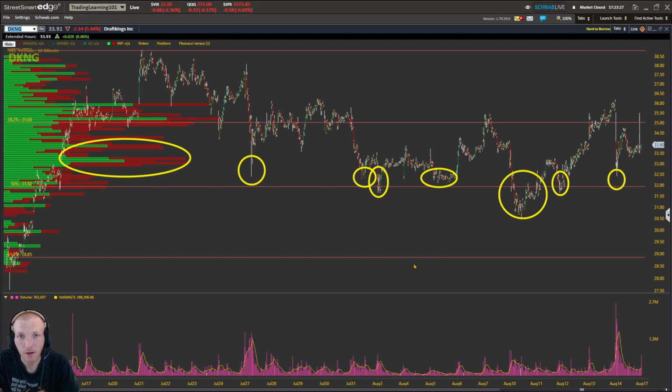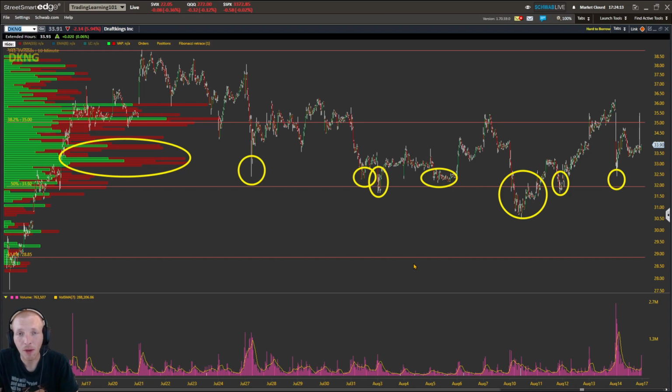When you first start using volume at price, you have to start training your eyes to look at the chart. And I tell a lot of people, it's all about how you look at the chart as a trader. I'm looking at mental price levels, whole dollar levels, half dollar levels, every 25 cents, 75 cents, $10 mental levels, $100 mental levels.